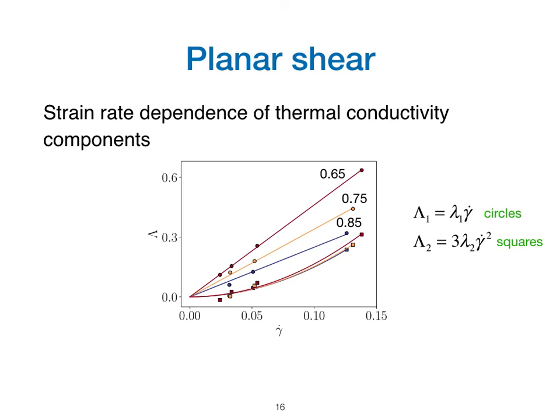So when we look at the results for the components of the thermal conductivity tensor, the circles are the off-diagonal components that are linear in the strain rate, and they are very nicely linear. And then we also have the squares showing the quadratic dependence of the diagonal components of the thermal conductivity tensor.